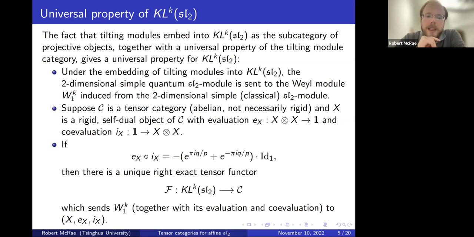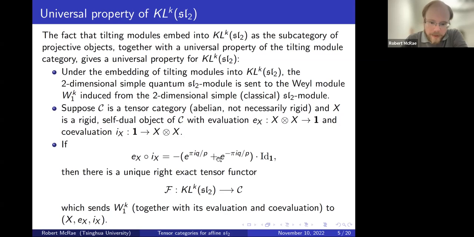We suppose that we have some tensor category, C, which is an abelian category, doesn't have to be a rigid tensor category, but we assume that it has a rigid self-dual object X. So that means it has some evaluation map that sends X tensor X to the unit object, and some co-evaluation that sends the unit object to X tensor X. And because this is self-dual, you can compose these two maps and get an endomorphism of the identity object.